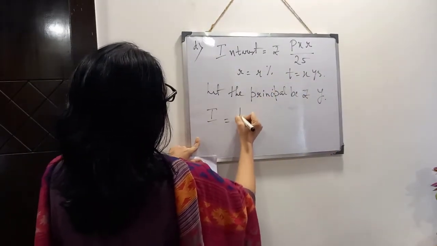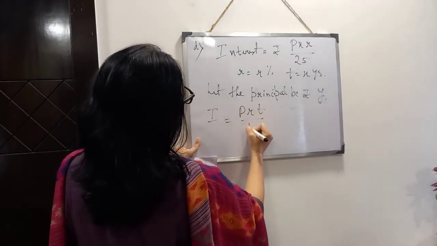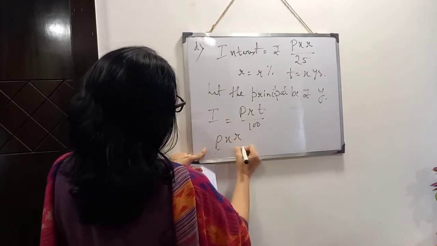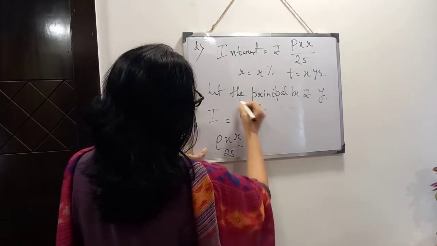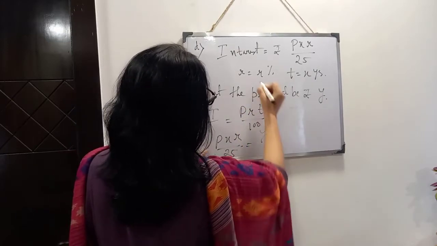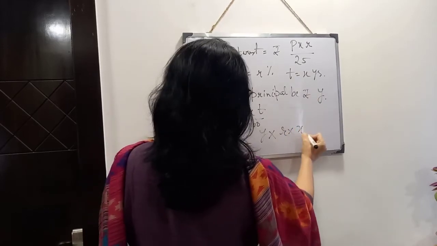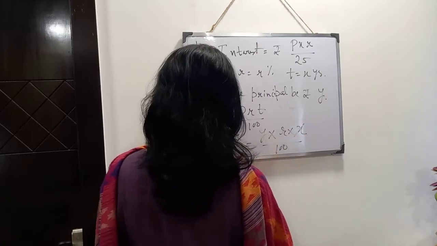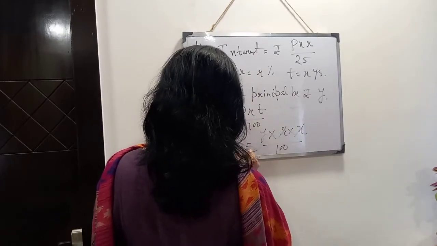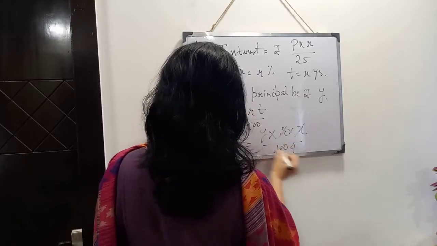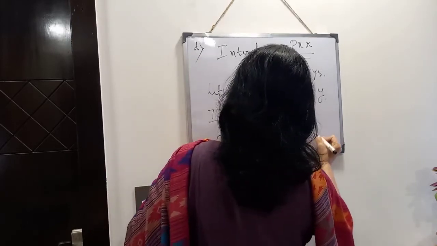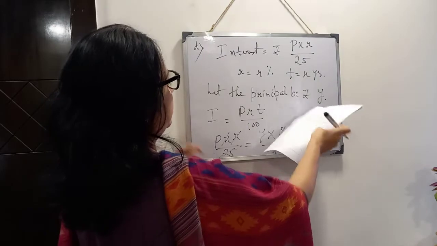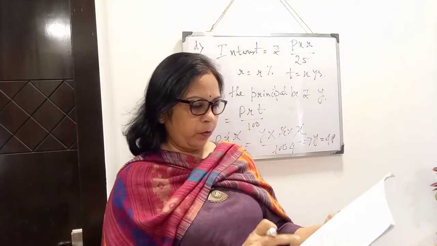Interest equals PRT by 100. PXR by 25 equals principal y, rate r, time x, by 100. So x will be cancelled out, r will be cancelled out, 25 and 100 gives 4. So y is coming 4p. Y means our principal. So principal is coming rupees 4p.